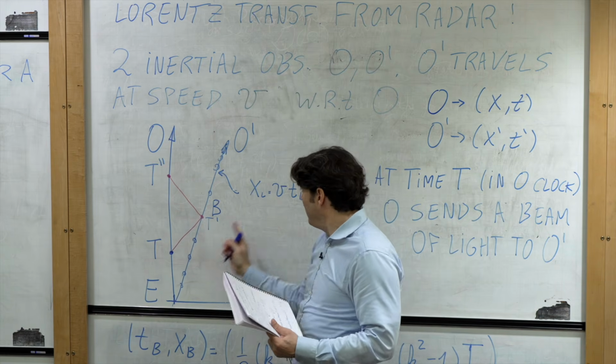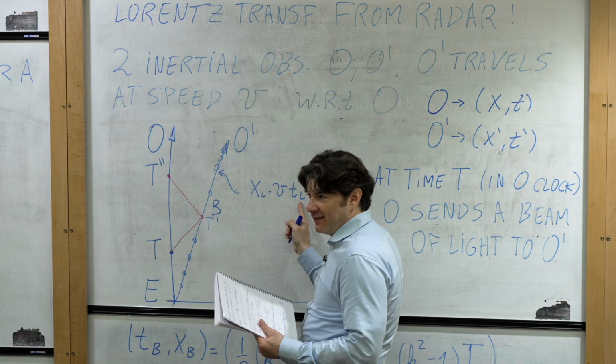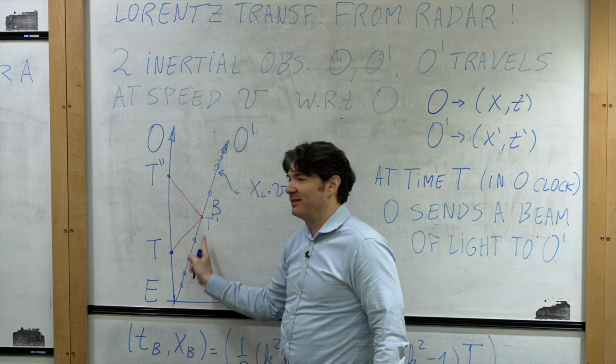So this line is x equals vt. So that is the equation of this line.